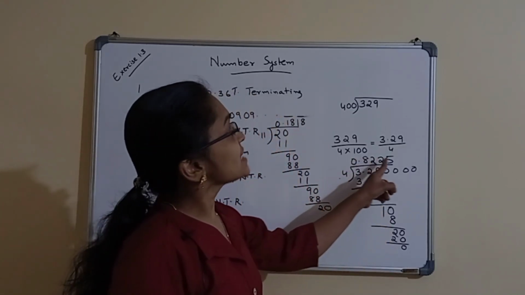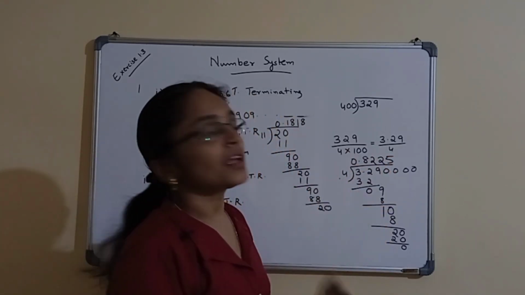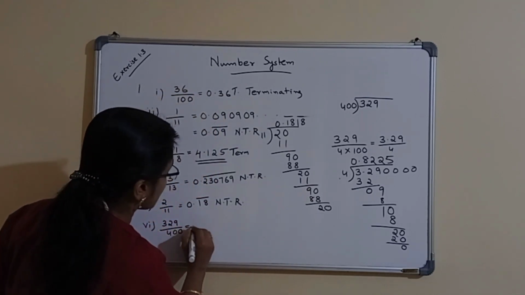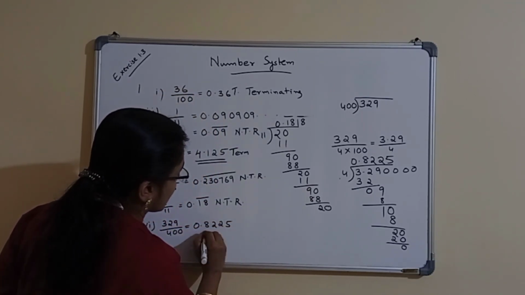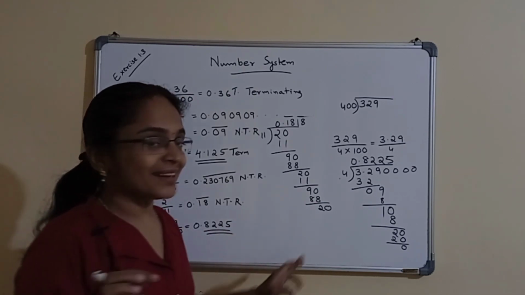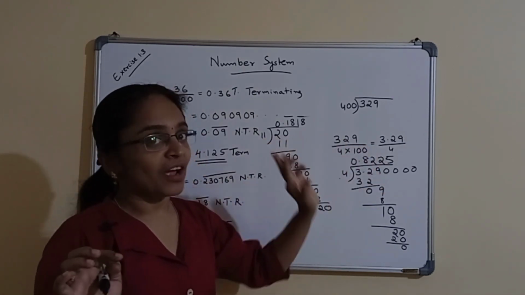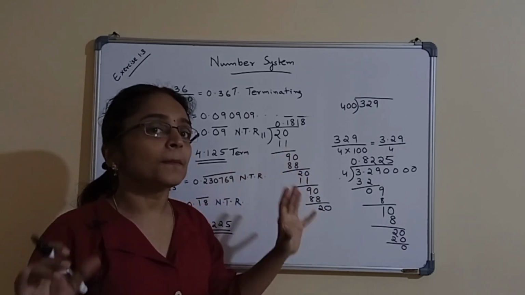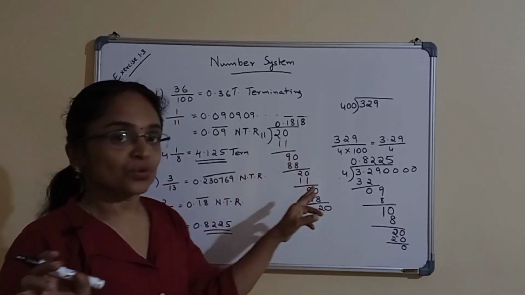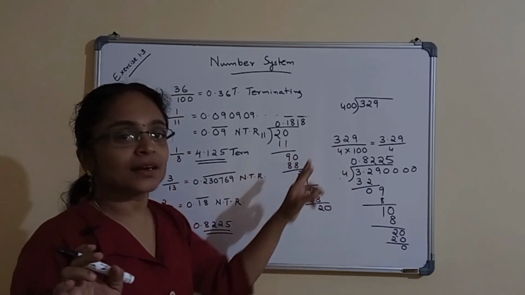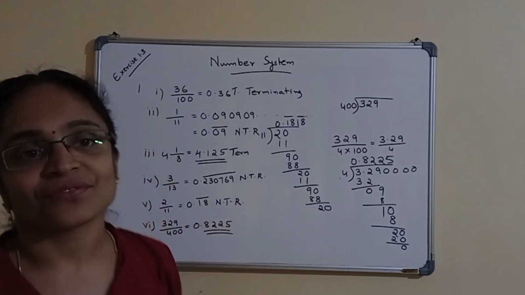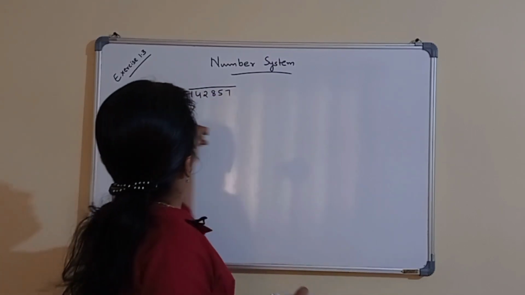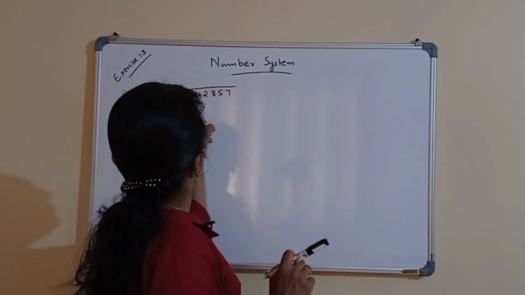So this has terminated after this 5, which means this is a terminating decimal. 0.8225. This has terminated after this digit 5, which means this is a terminating decimal. So 329 by 400 is 0.8225.